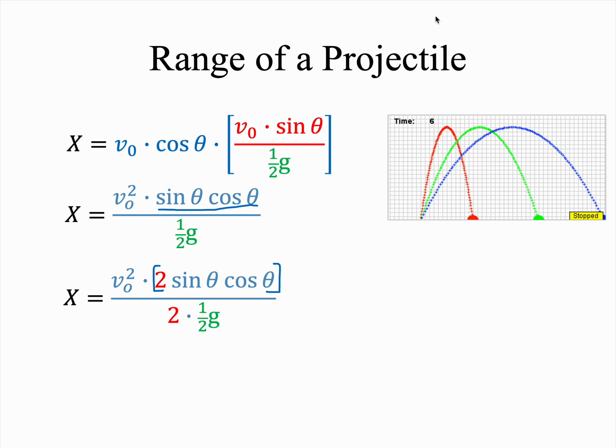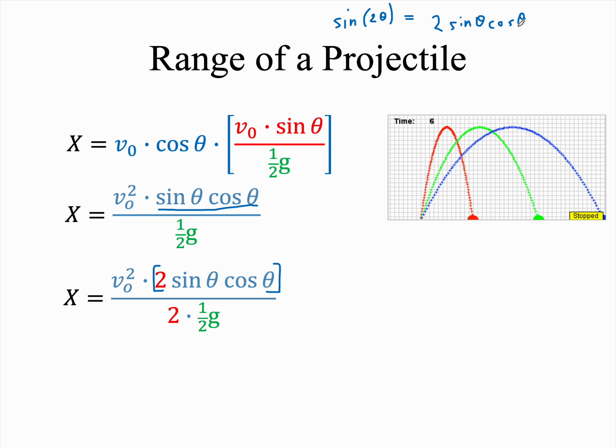And if you've forgotten it already, it turns out the sine of 2 theta is equal to 2 times the sine of theta times the cosine of theta.